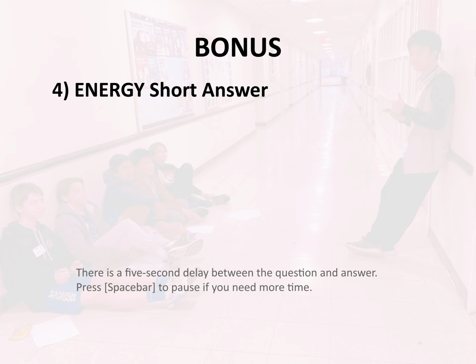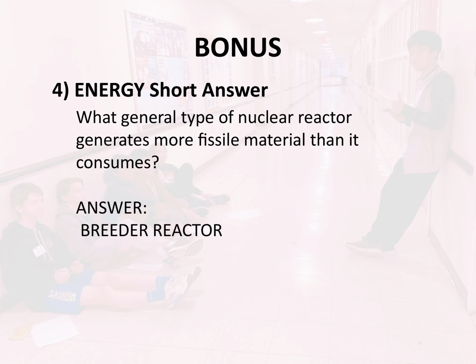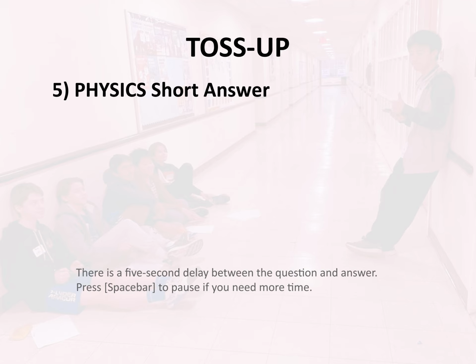Bonus 4. Energy short answer. What general type of nuclear reactor generates more fissile material than it consumes? Answer. Breeder reactor. Toss-up 5.